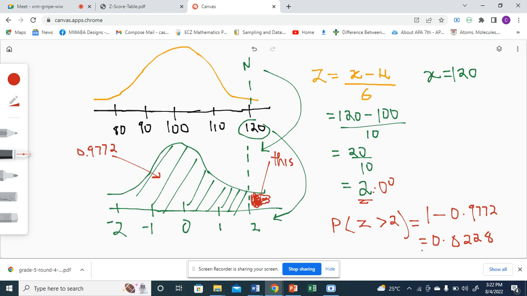So that is the probability that the z-score is greater than 2. Then when we talk about our x value, 120, the probability that the IQ is greater than 120 is 2.28%. You can leave it in decimal or percentage, whichever.